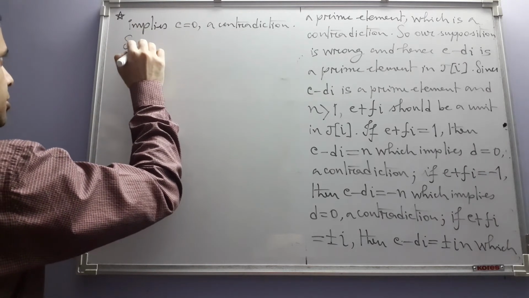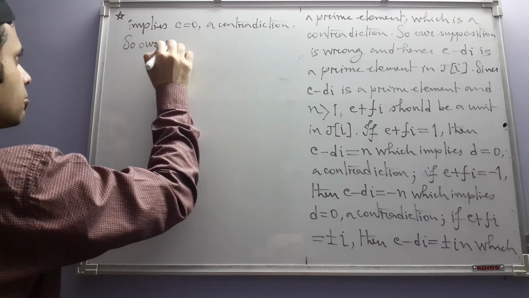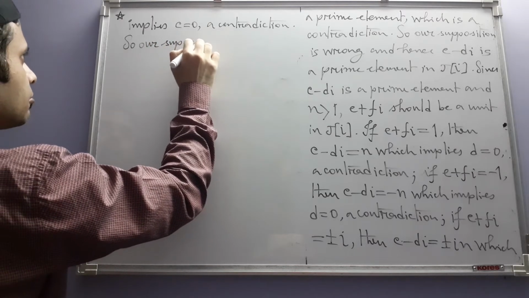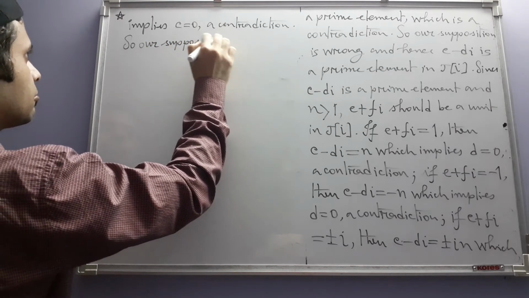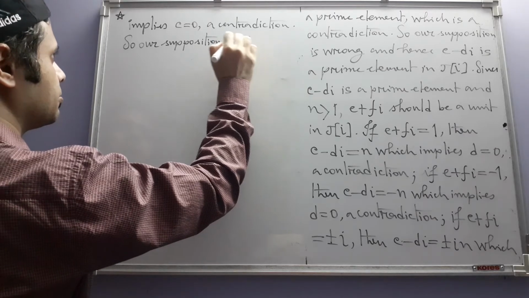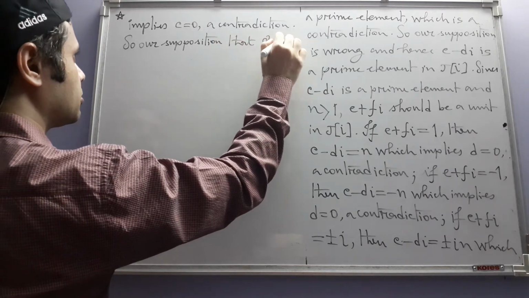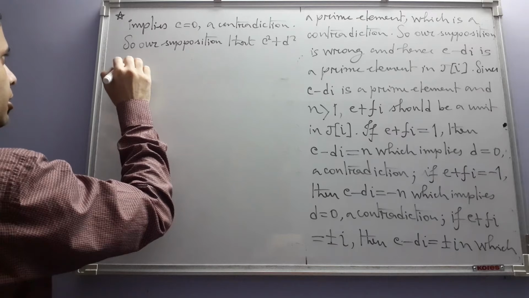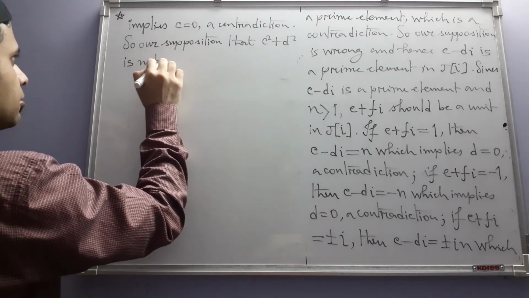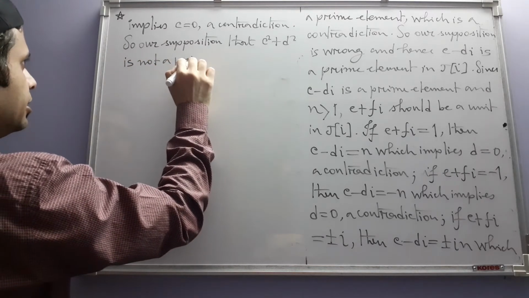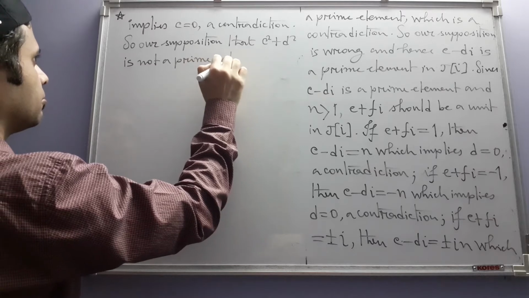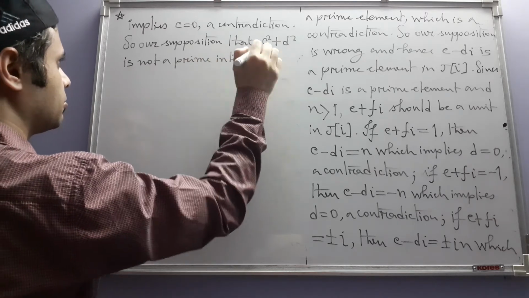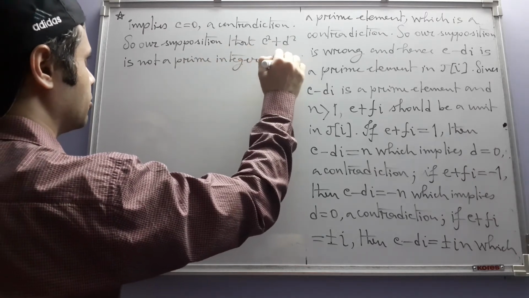So our supposition that c square plus d square is not a prime integer is wrong.